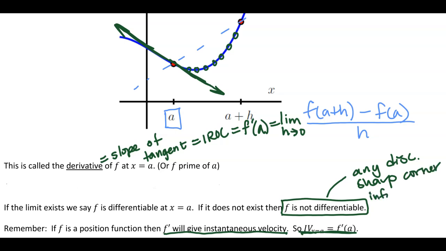That will happen if there's infinite oscillation. I feel like I'm missing one there. That will happen if the tangent line is vertical. We will get, it does not exist there for our limit. So those are all possibilities that would mean that the derivative is not defined or the function is not differentiable.